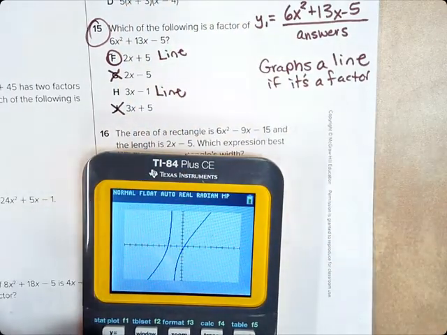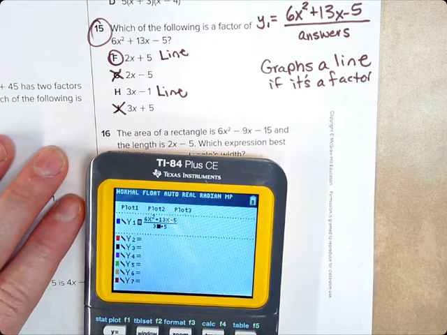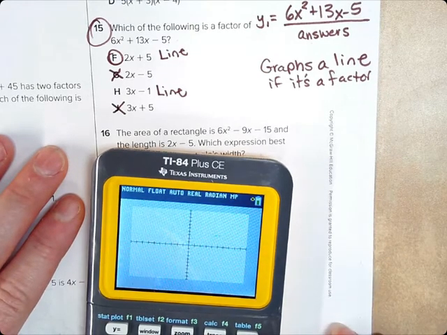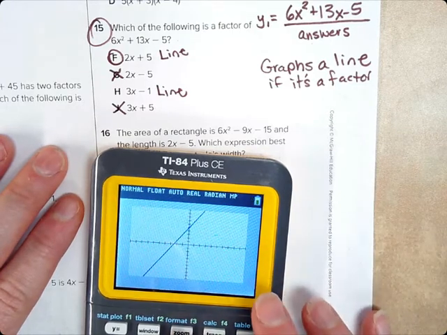All right, and then let's look back at that other one. 3x minus 1. Let's see.